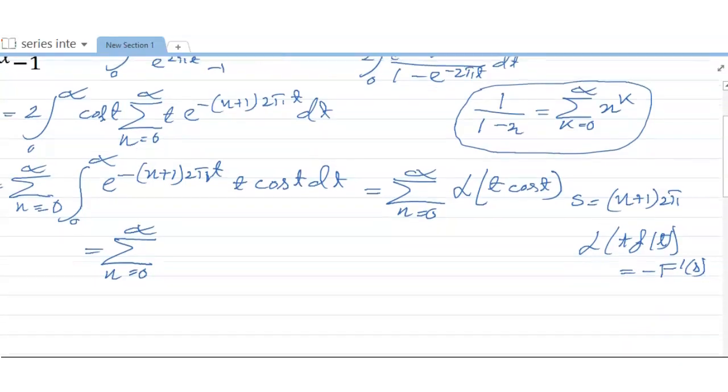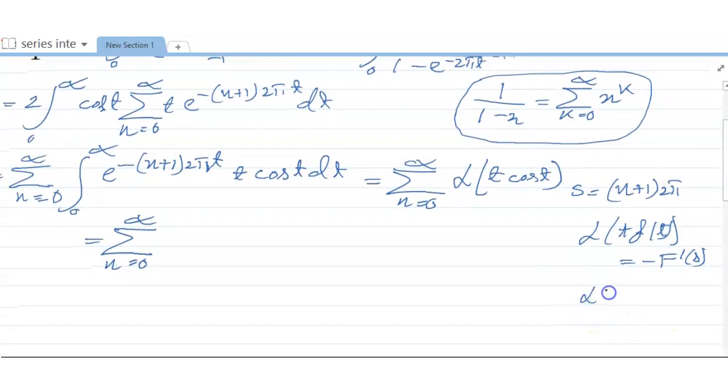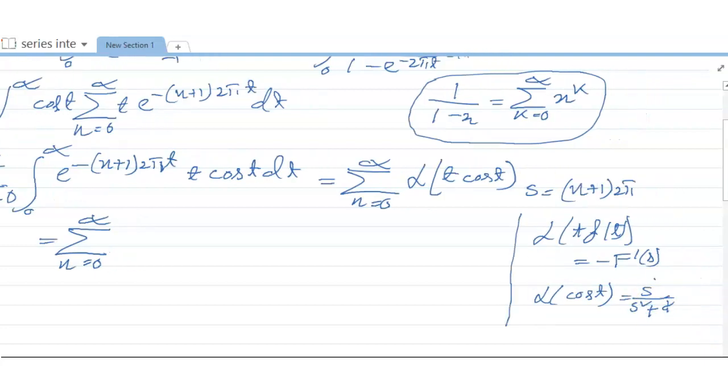Now L of cos t equals s divided by s square plus a square, sorry, not minus.